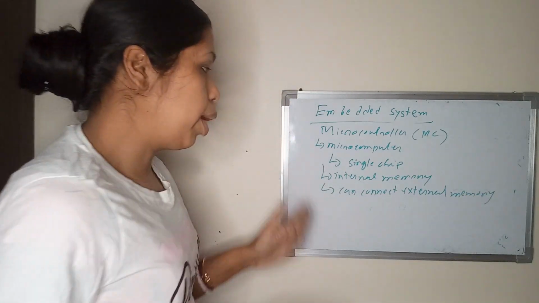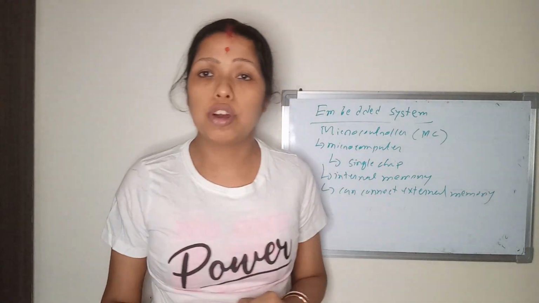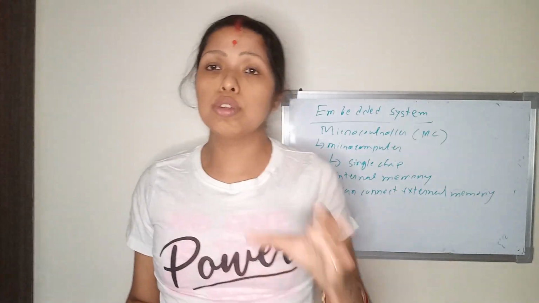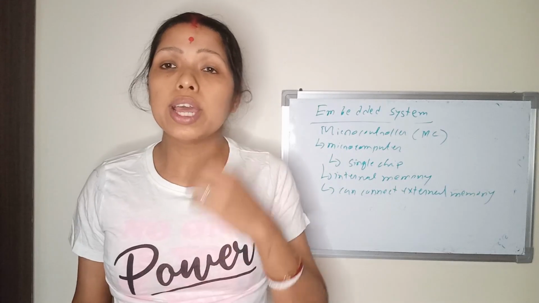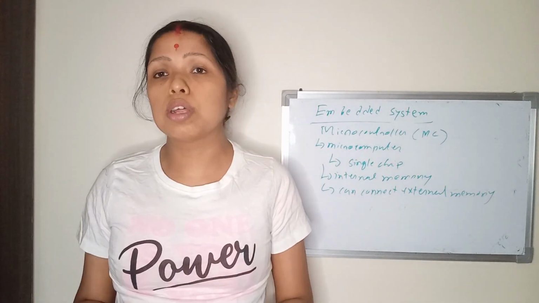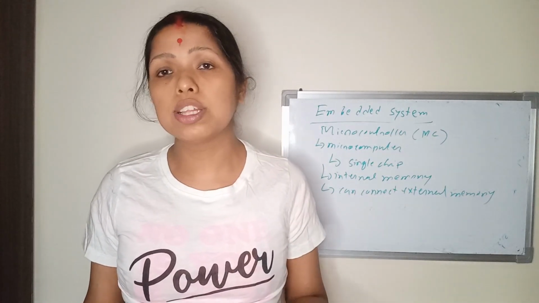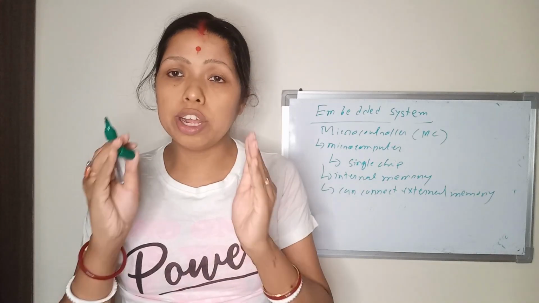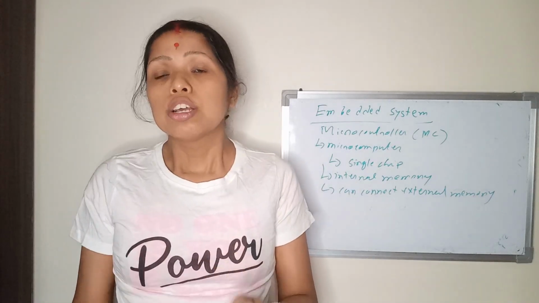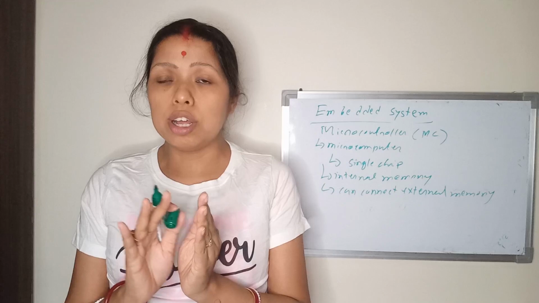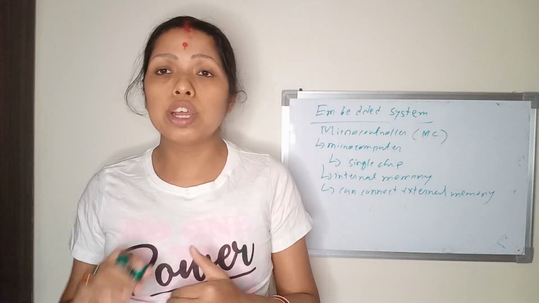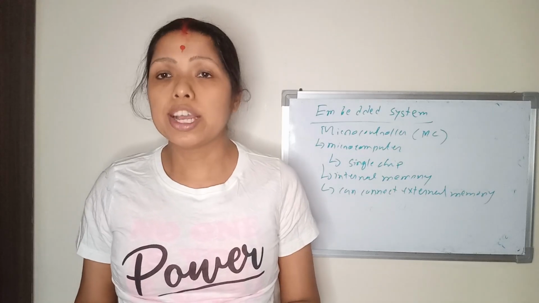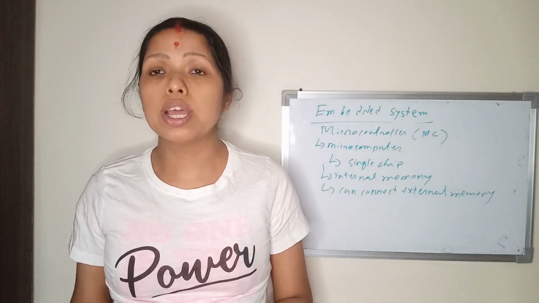So inside the embedded system, we will have the microcontroller. So what is the main function of the microcontroller? The microcontroller will collect data from the sensor, and it will perform some task. It will have some code, and the microcontroller executes that code. Based on the code, it will give some instruction to the actuator to perform the task.